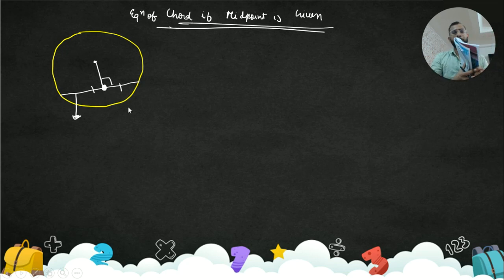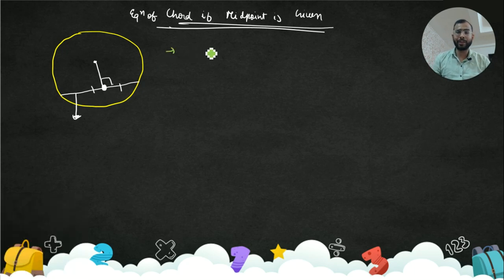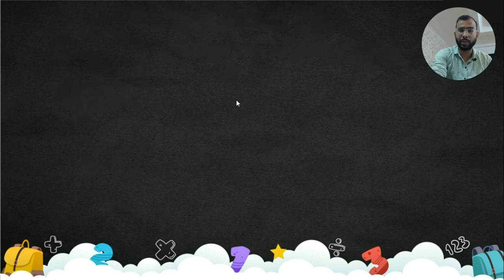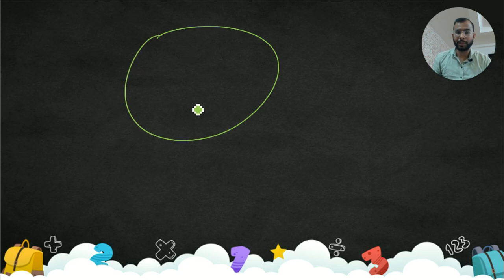One important thing you should know is that it can be asked in another way as well. The chord having this midpoint is the smallest chord passing through that point. For example, this is one point.